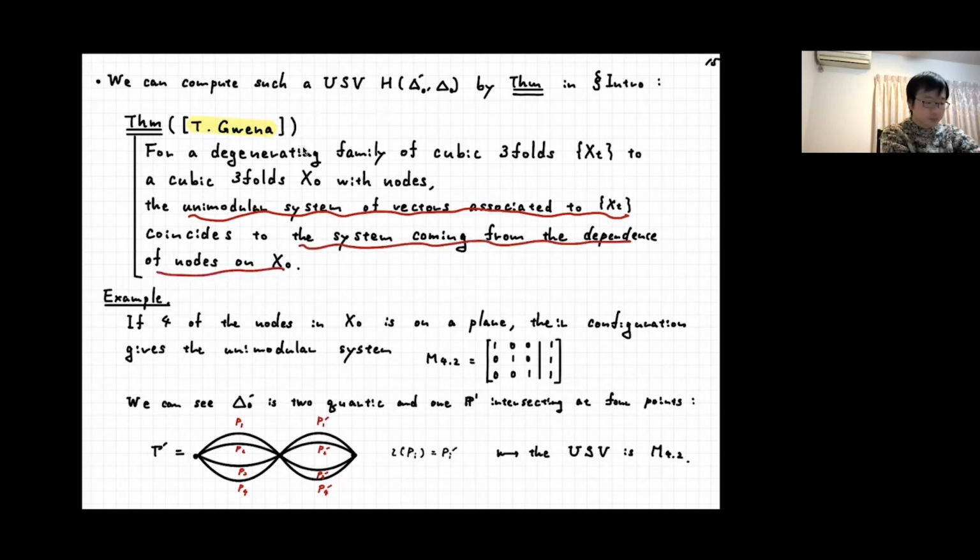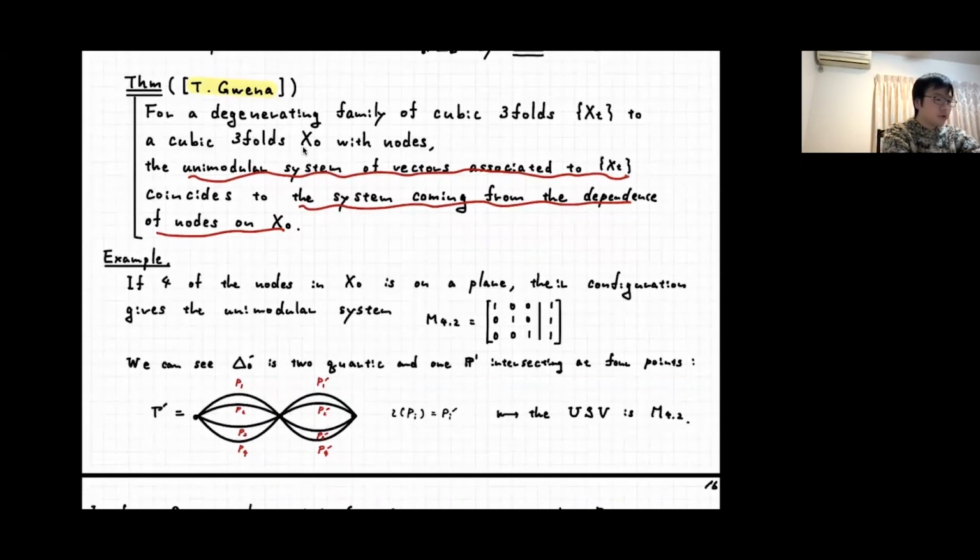By checking this one, this is a good way to find where R10 is. As an example, if 4 of the nodes on X naught are on a plane, then the linear dependence condition of their configuration gives a unimodular system.